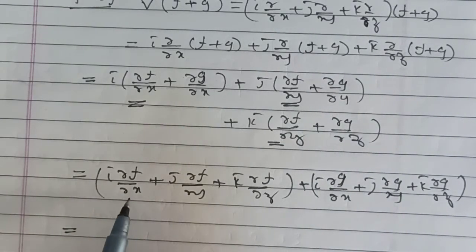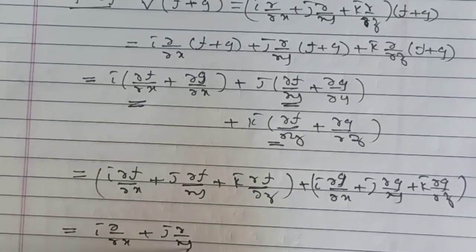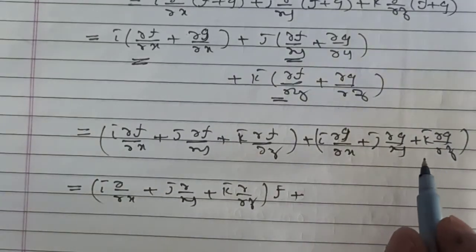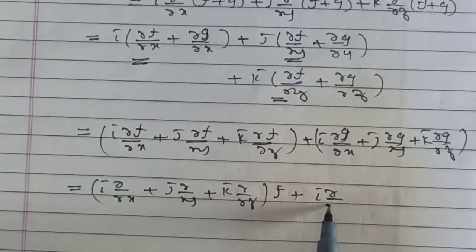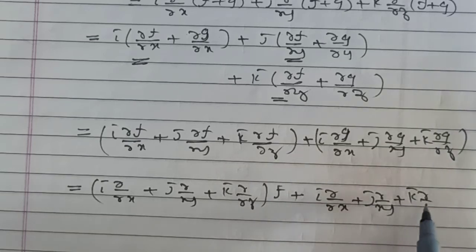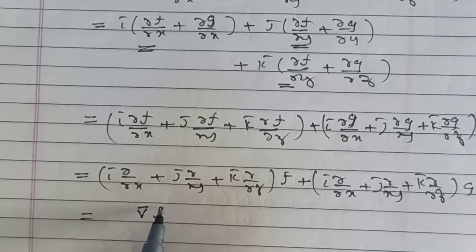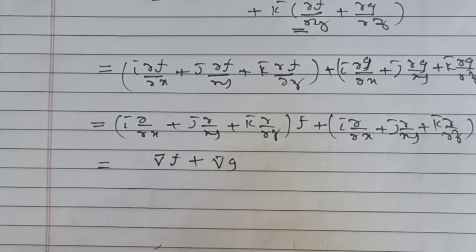is equal to, taking f to the right side, I bar ∂/∂x plus j bar ∂/∂y plus k bar ∂/∂z of f, plus here also taking g to the right side, I bar ∂/∂x plus j bar ∂/∂y plus k bar ∂/∂z of g, which in notation is del f plus del g.